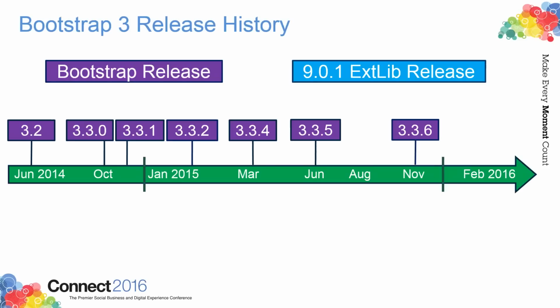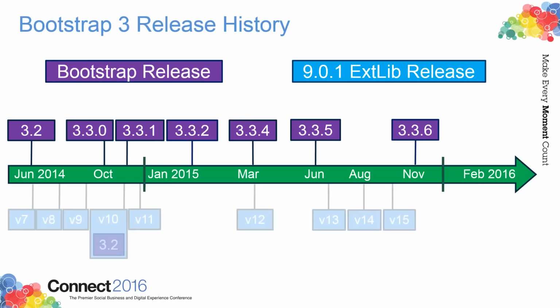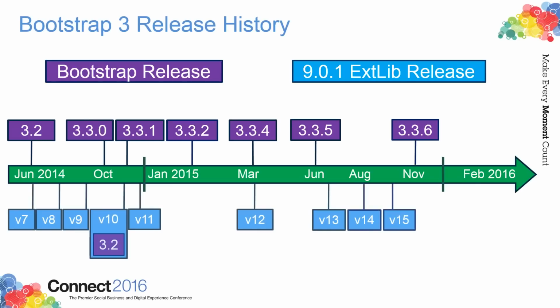You can see on your screen, on the left side in purple, hopefully the colors are all represented as they are for me. Bootstrap is something that the XPages extension library absorbs. So version 3.2 was delivered in June 2014. It went through a series of releases right up to November of last year, November 2015, when 3.3.6 was released.